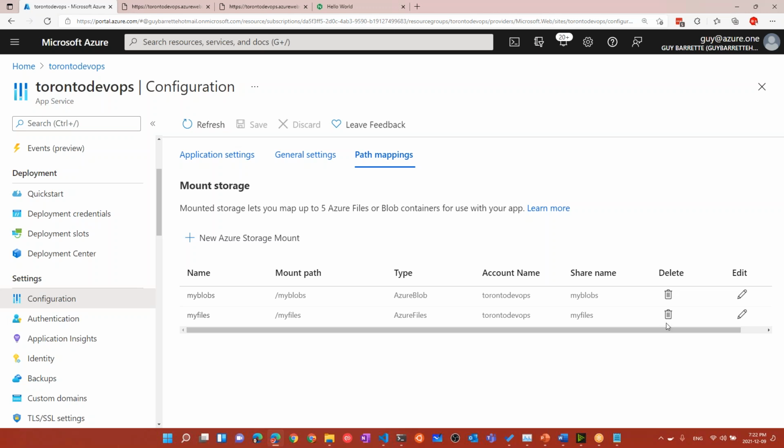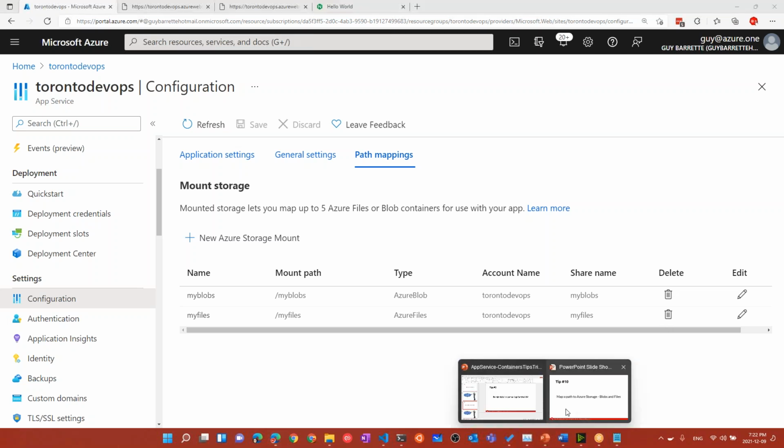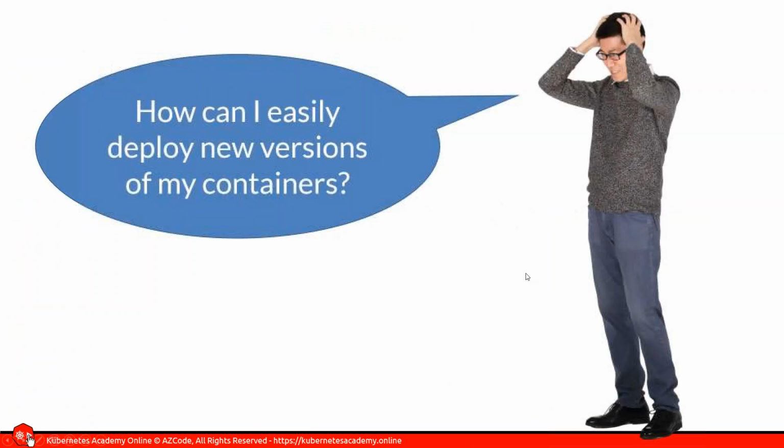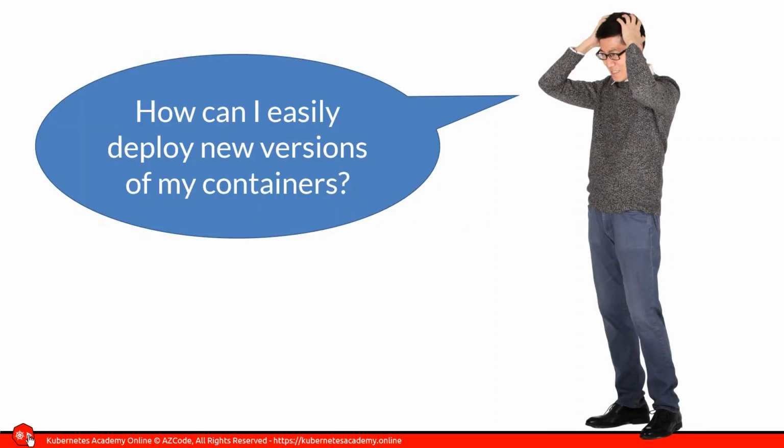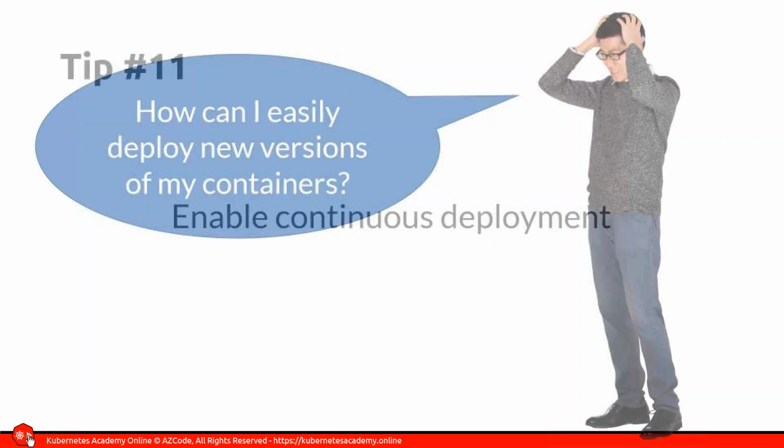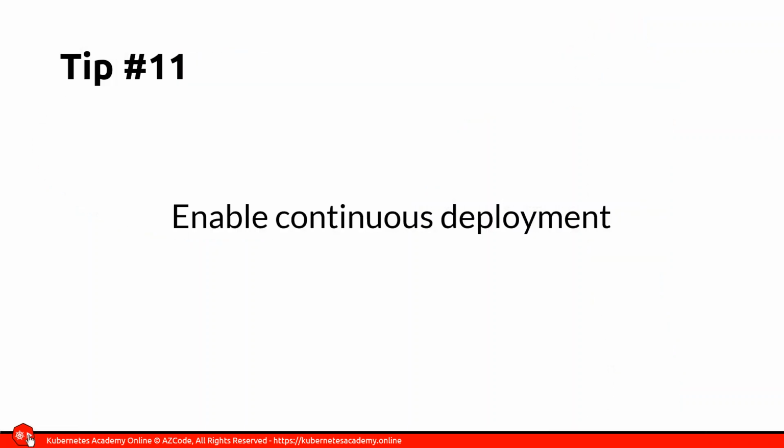Okay. Next tip, and we're almost at the end, and I already went over my time, but how can I easily deploy a new version of my containers, right? Well, there's a feature called continuous deployment that you can enable in App Service.